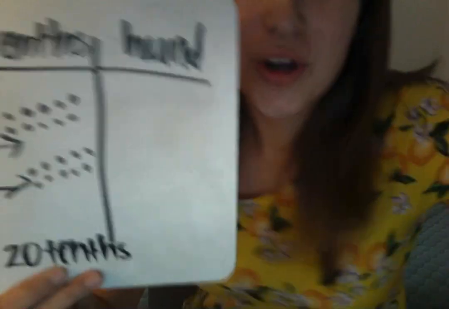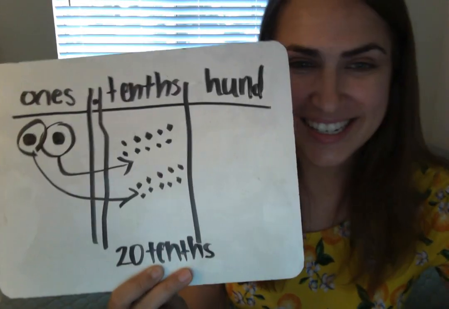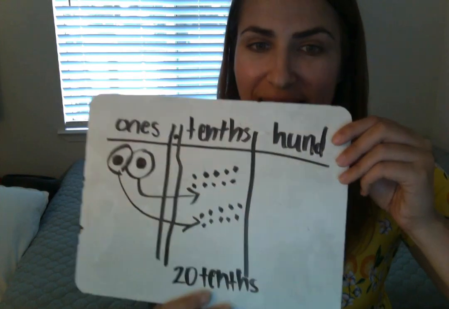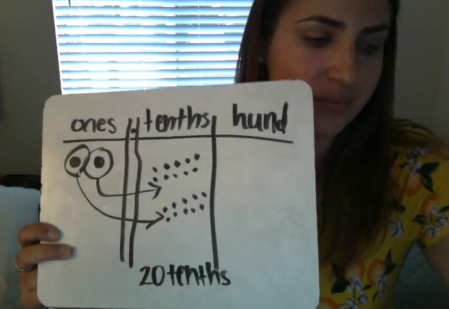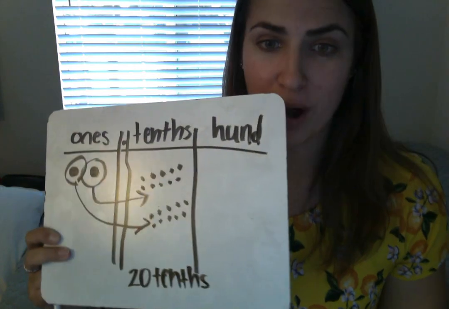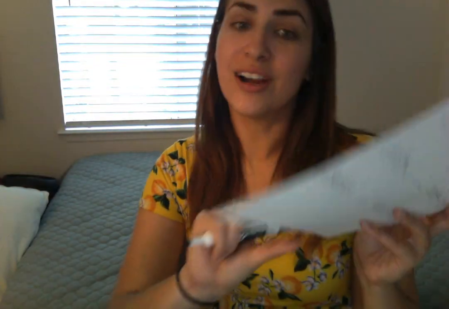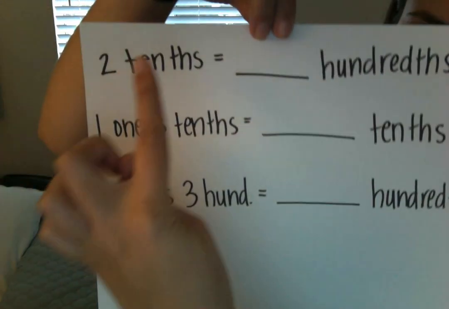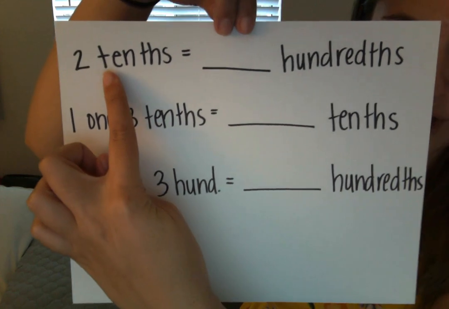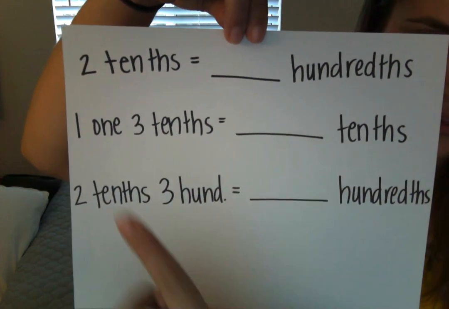So before we continue, before I give you your task, I want you to practice this a few times. You will need to have a place value chart drawn on your paper. I have 3 problems for you to practice. I would like for you to draw 2 tenths in your place value chart and see how many hundredths are in 2 tenths.